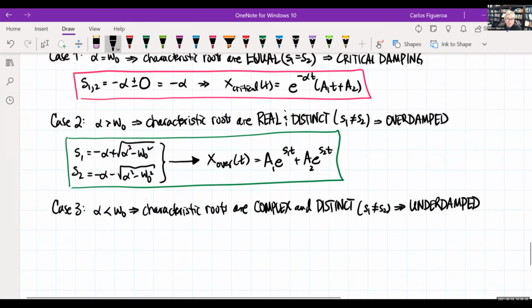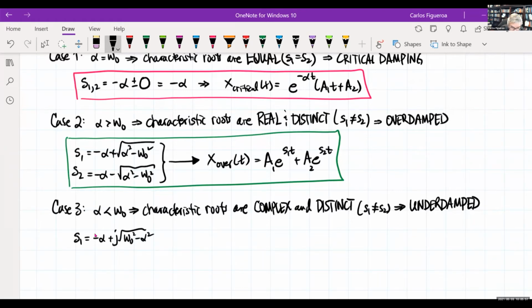So when I write the solution for these guys, what you're finding here is that now I have complex roots. And so we typically define a new parameter called omega d. And you might guess what omega d has to look like. So I get S1, and then I write this as minus alpha. And then look how I write this. I write this as plus j times the square root of omega naught squared minus alpha squared.